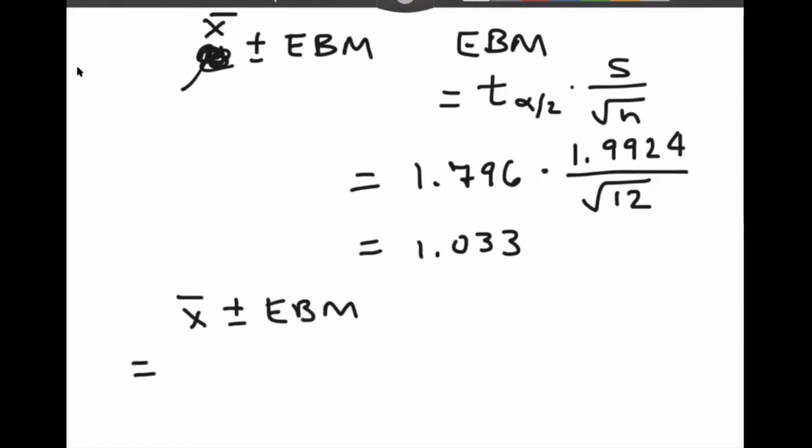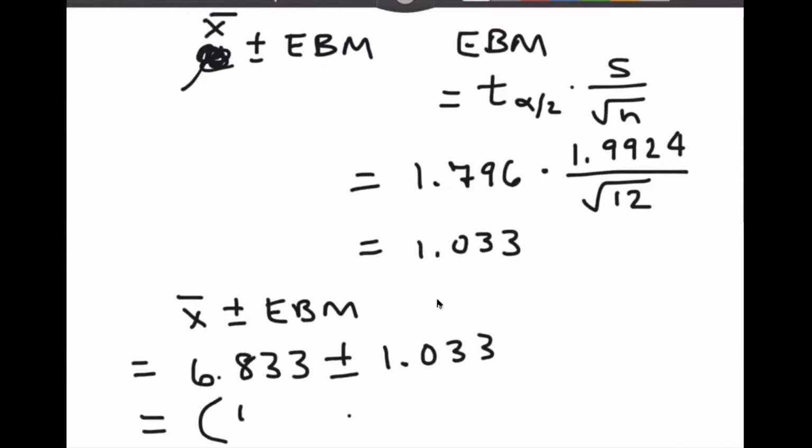Yeah, about 6.833. And when I add and subtract my error bound 1.033, I get as my lower bound 5.80, and I get as my upper bound 7.866, which I will round to 7.87.